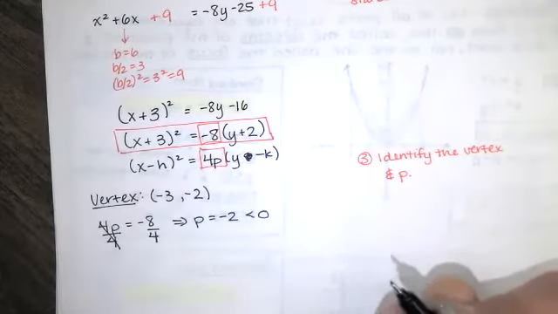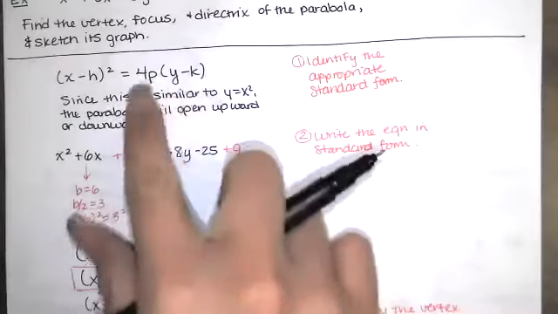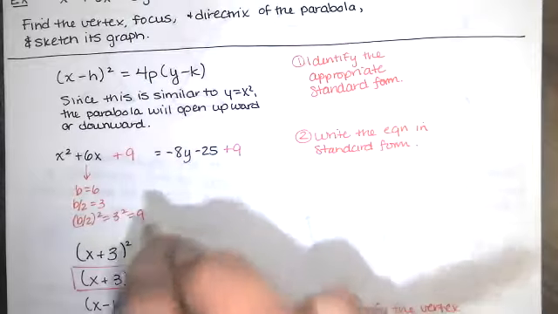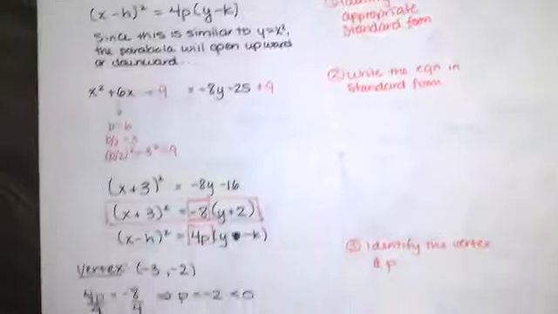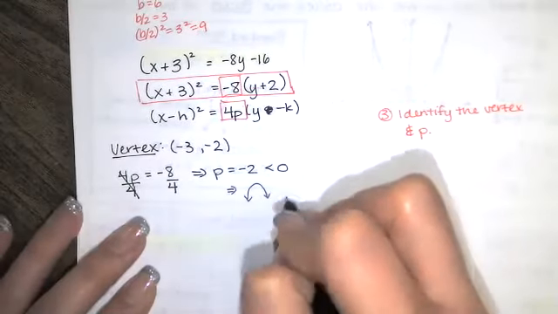Since that's negative, well, that tells us, remember, this is similar to y equals x squared. The parabola would either open upward or downward. If p is positive, it opens up. If p is negative, the parabola opens downward.